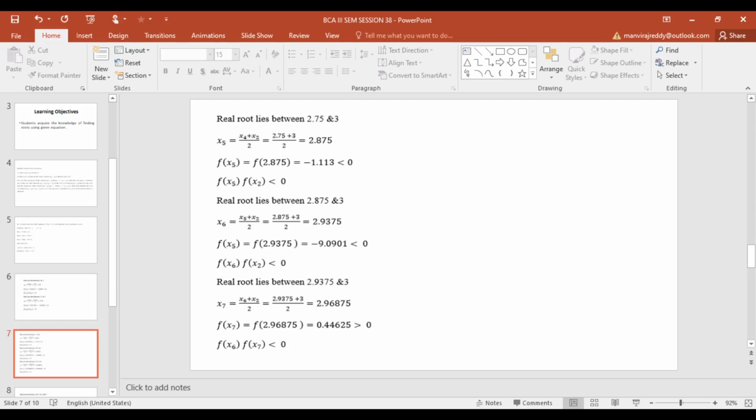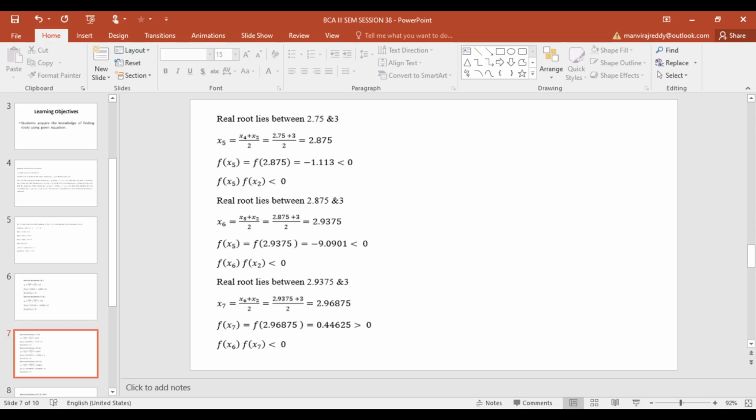In the previous calculations we already know the positive quantity is f of 3 greater than 0. Multiplying these two, f of x6 and f of x2, is less than 0. Hence what we can conclude, the root lies in between 2.9375 and 3.